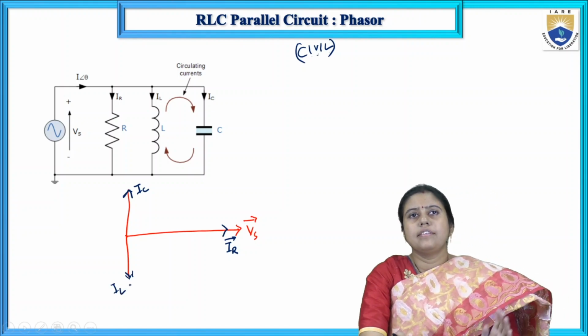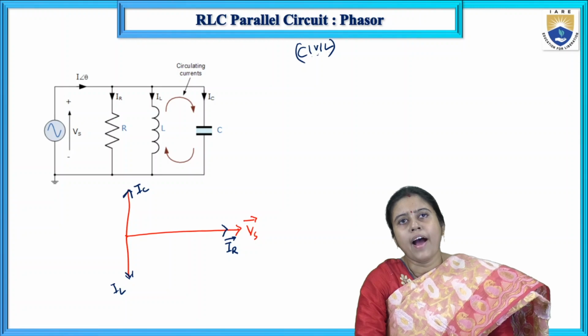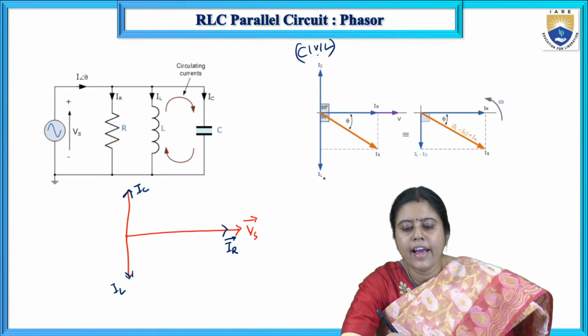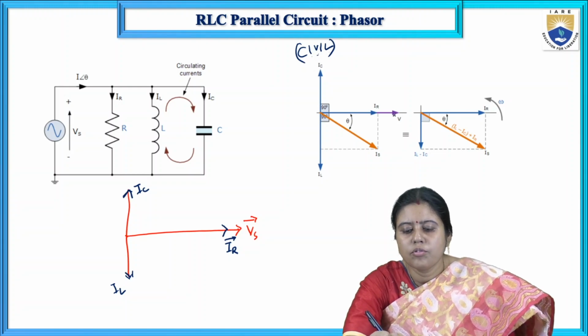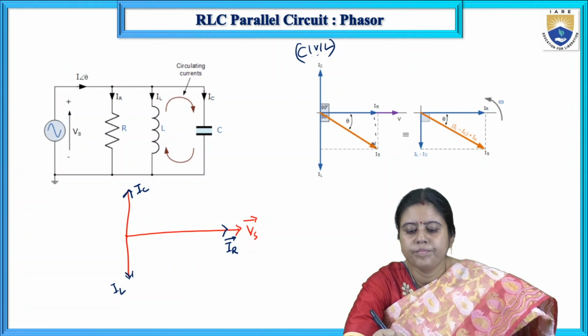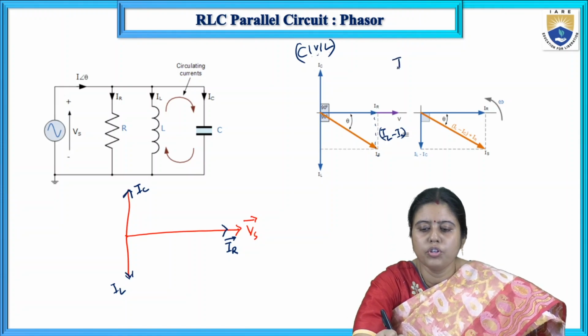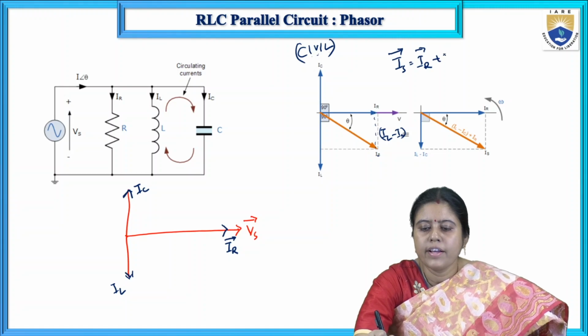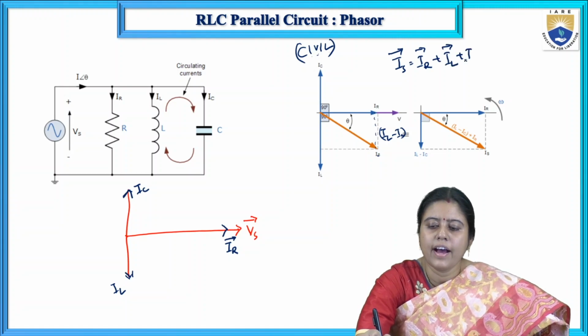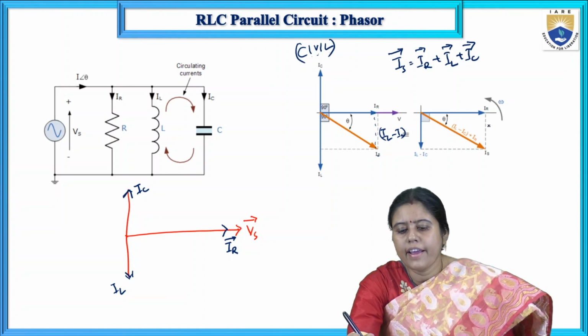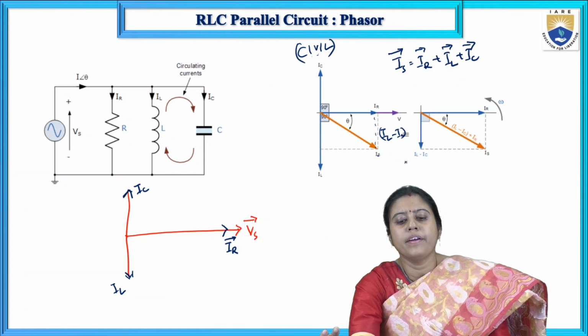So this is our basic circuit. Now there are two cases. Generally, if IL is greater than IC, then this is IL minus IC, and this is our supply current, because IS is equal to IR plus IL plus IC as a vector summation.